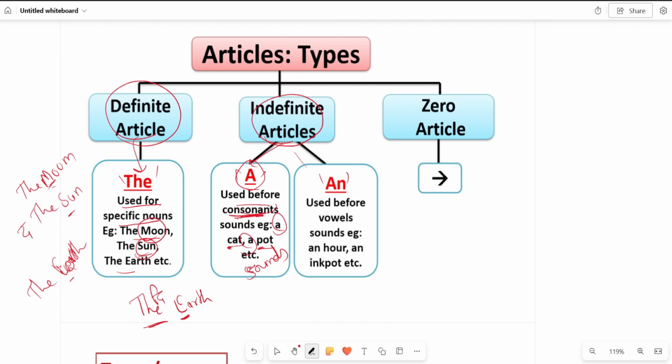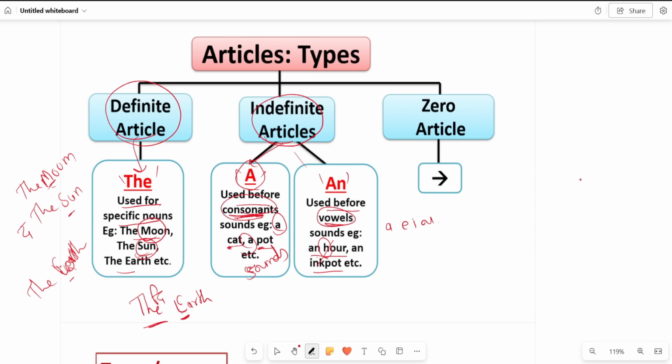So before consonant sounds we use a, and an is used before vowels. Vowels we know are A, E, I, O, U, and by sound they should come, the way we understood in the previous slide. For example an hour: here we have H, but H is silent and we say it as hour, so that's the reason an hour, an inkpot, right?